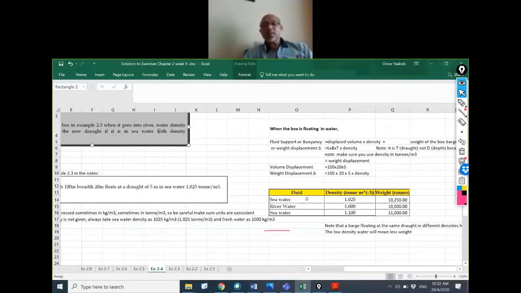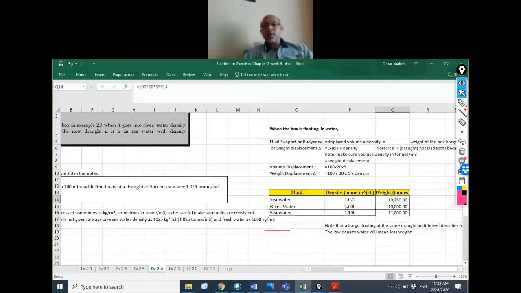In this seawater density, what is the weight in tons? In river water, in fact this one should be colored blue, because this is example 2.3. So the weight is, you can get 10,250.